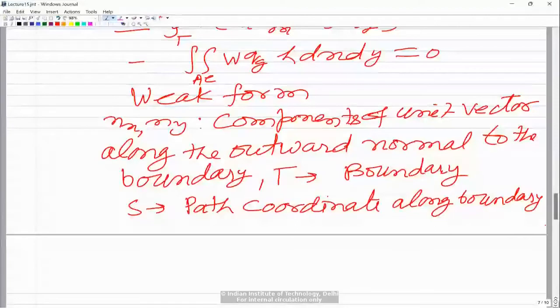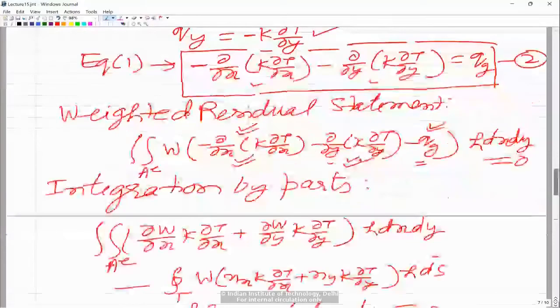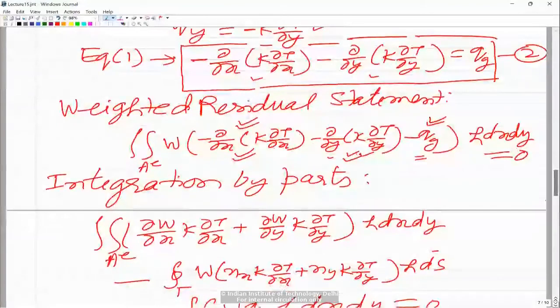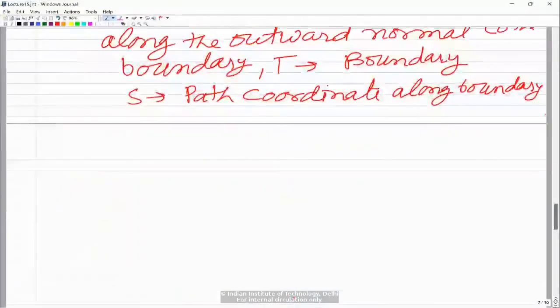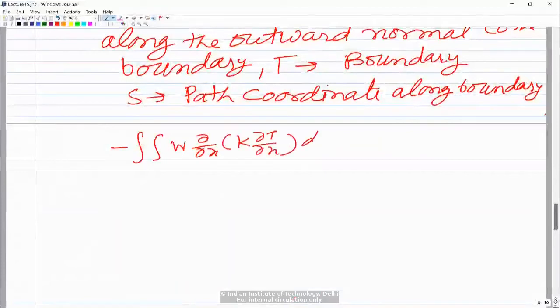And let me explain that. In the integration by parts, let me write just the first term alone. The first term is minus double integral w and del by del x of k into del t by del x dx dy.